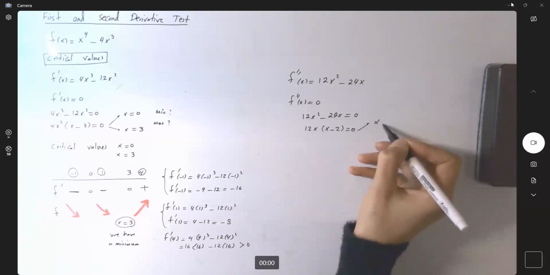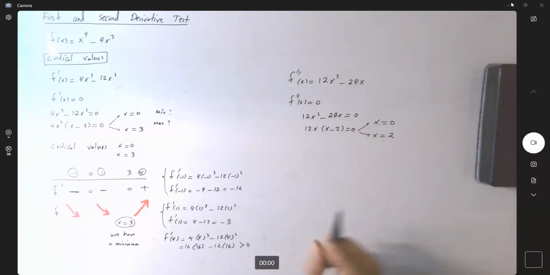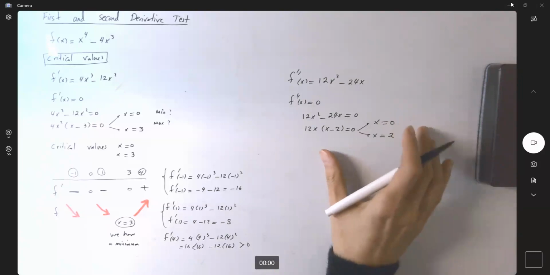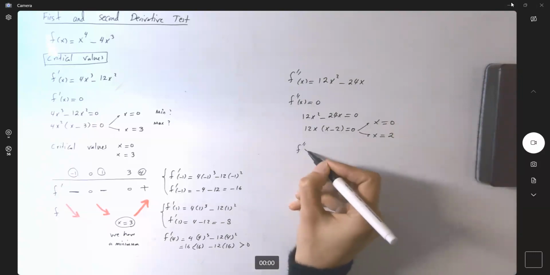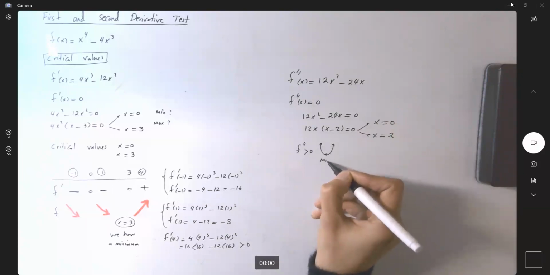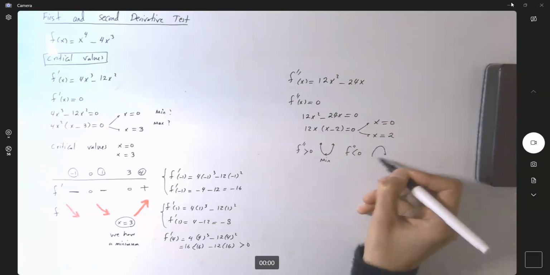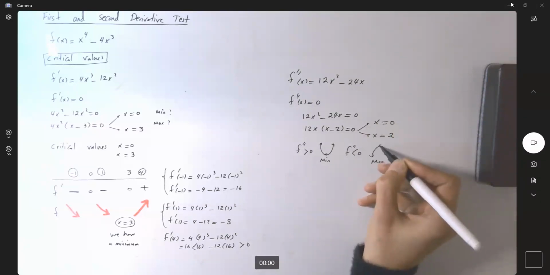It means that x is 0 or x is 2. I'm looking for inflection points. If the sign of the second derivative is positive, I have a minimum, and if the sign of the second derivative is negative, I have a maximum.